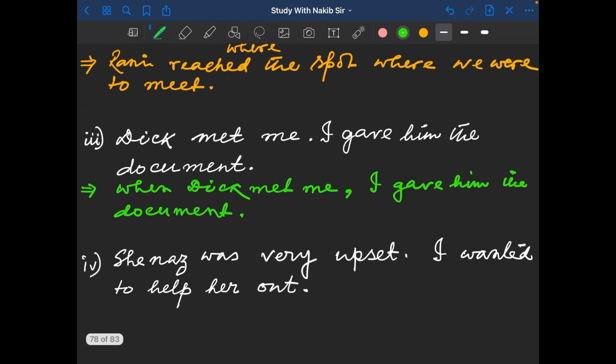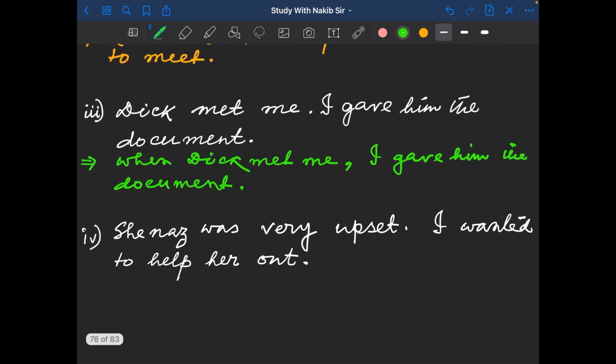Okay. Next one. Sanaz was very upset. I wanted to help her out. See the nature. I wanted to help her out. Two questions may be here. Why? Number one, and number two, when. Okay. And the answer will be the combination of the given sentences. Now see.